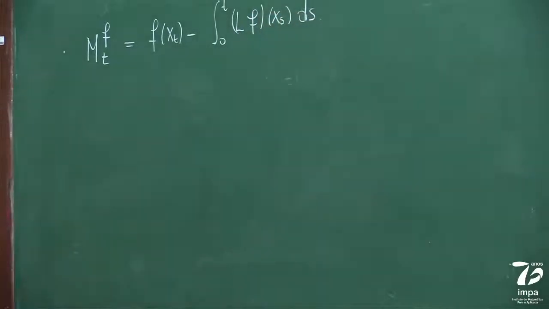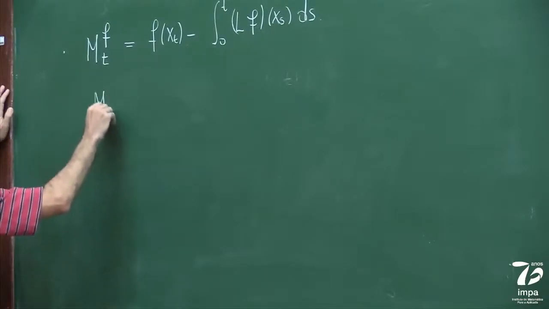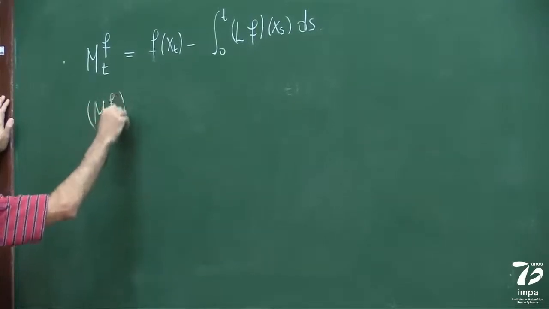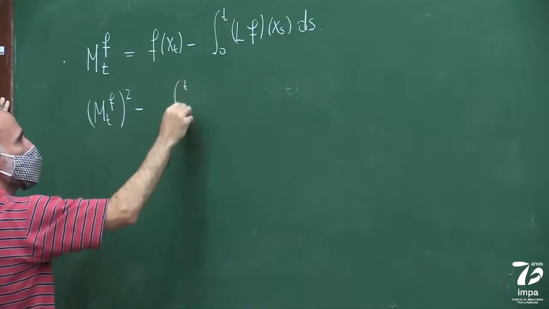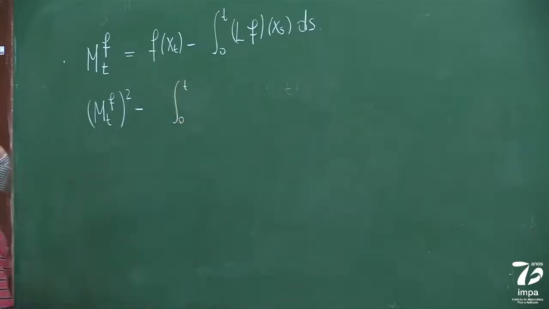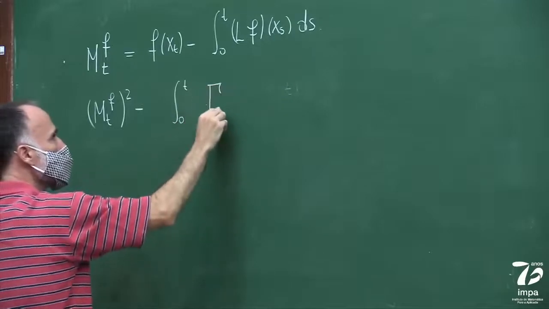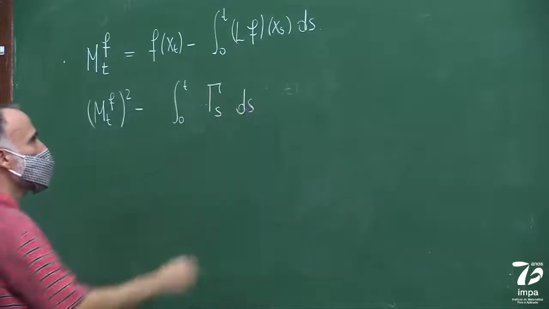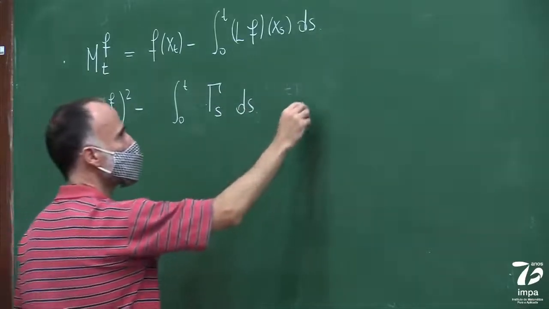So this was a martingale. And now I proved that M t f square minus an expression, let me call that gamma s ds, so this is the expression we obtained, is also a martingale.